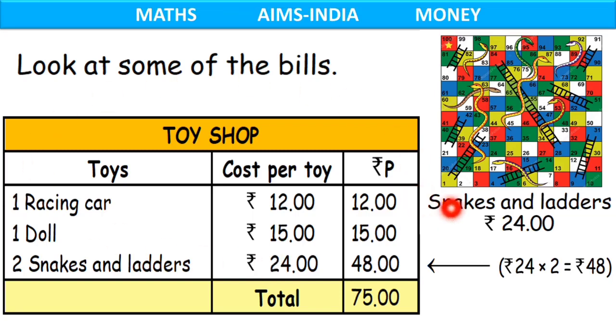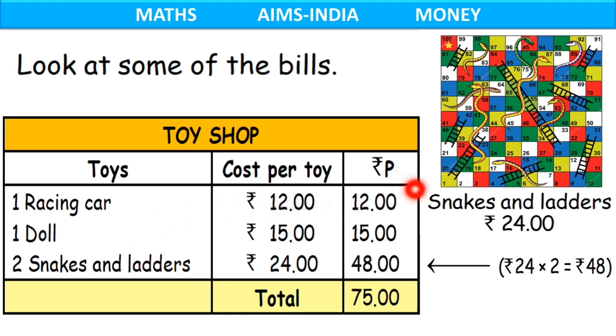So whenever you go to any shop to buy anything, like say a supermarket where they give you a big bill, right children? So you can observe it and see. First they'll have the items that we have taken, say a shampoo bottle, toothpaste, toothbrush or something. Then we'll have the cost per item.